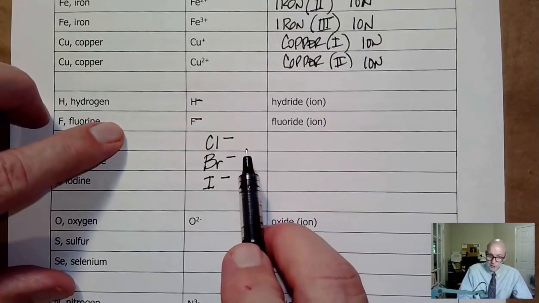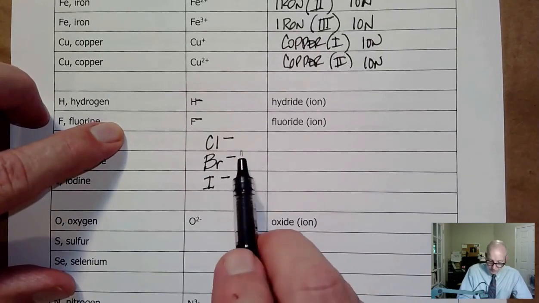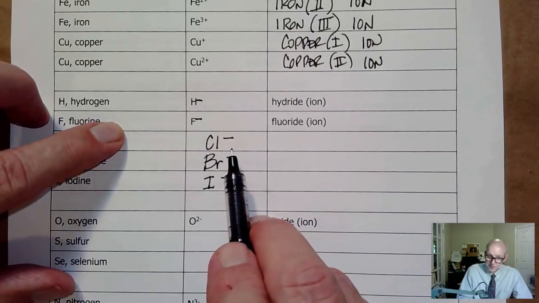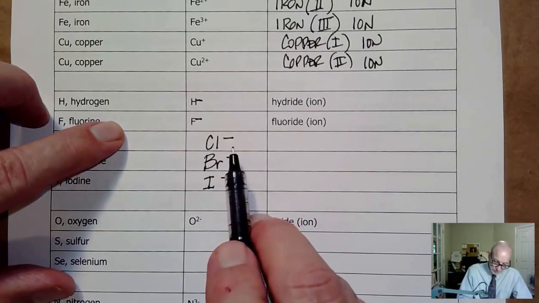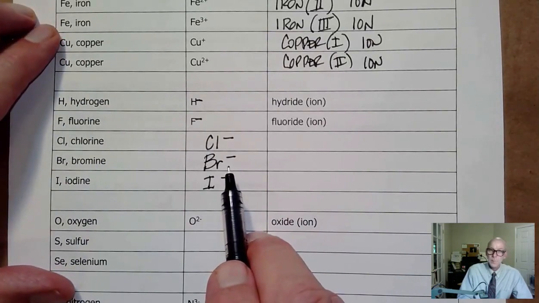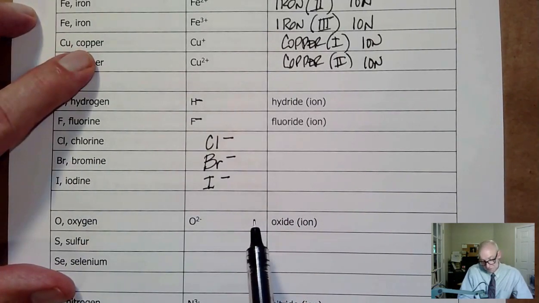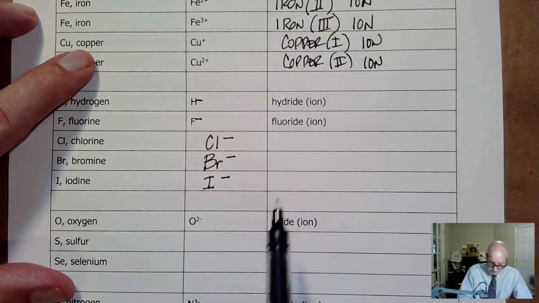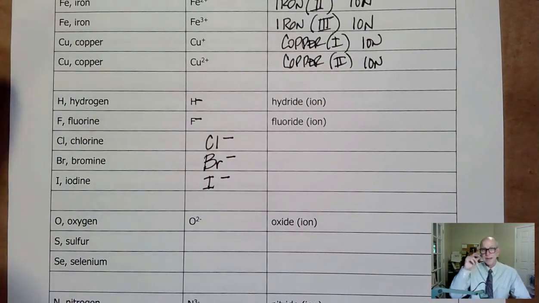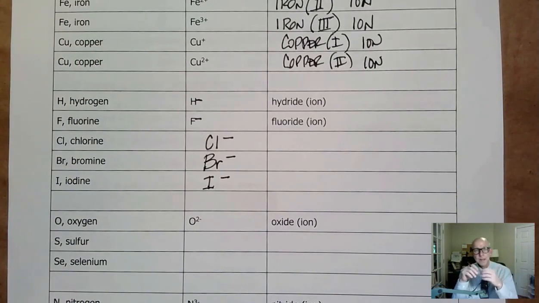Fluoride. What do you call table salt? Sodium chloride. You don't say chlorine. Oh, chloride. What would be a good name for this one? Bromide. And this one? Iodide. Oh, okay. That's not too bad. Fluoride, chloride, bromide, iodide. That means that element with a negative charge.